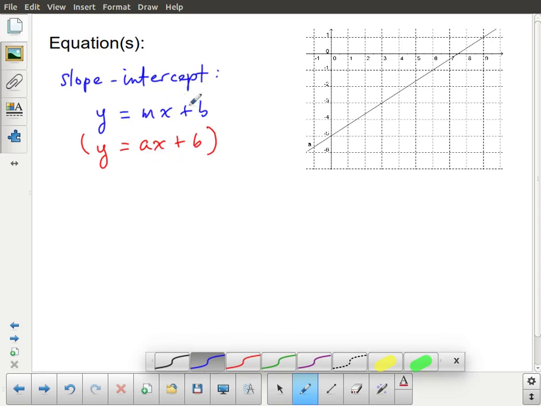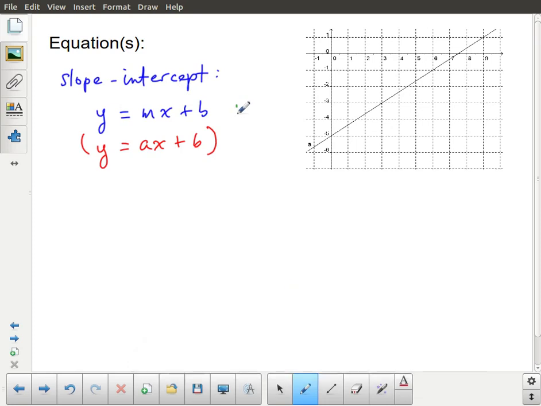So we found on the previous page that the slope was equal to 2/3. So we already know that slope value. And this b value is the y-intercept. And so we know that as well from the previous page. That was -5.